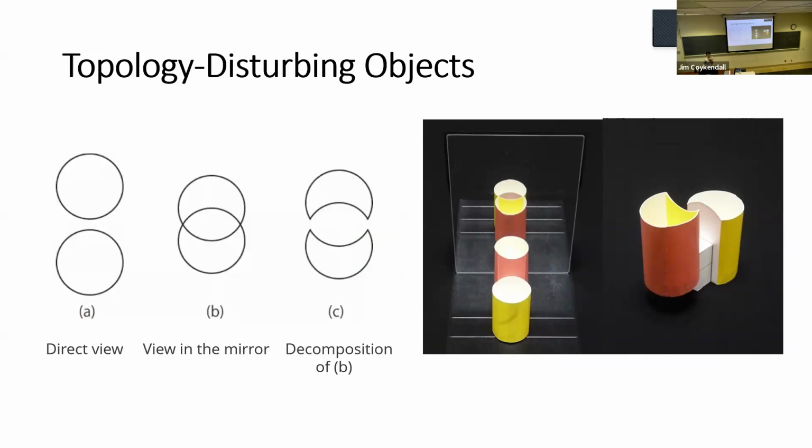Once you are convinced that a circle can look like a square, and a triangle can also look like a square, then this will not be hard to make, because we need the direct view to have two disjoint circles, the view from the mirror and the setting. Then I just decompose this view in the mirror into two separate shapes, moons.